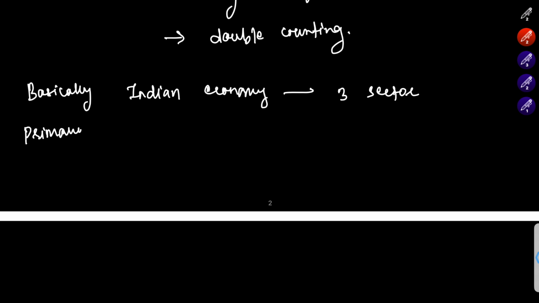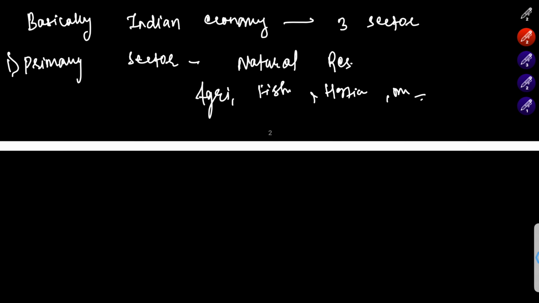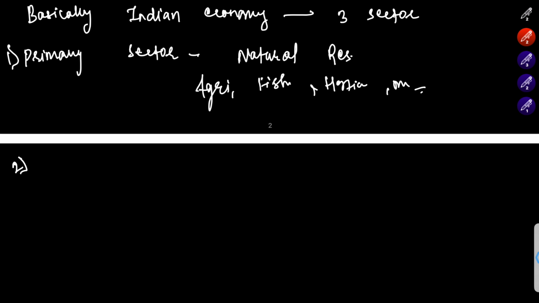First one is primary sector, which uses natural resources to produce commodity. Okay, for example agriculture, fishing, horticulture, mining, etc.